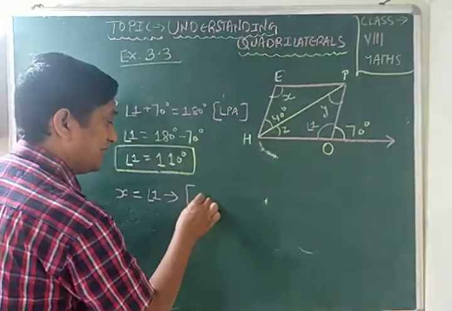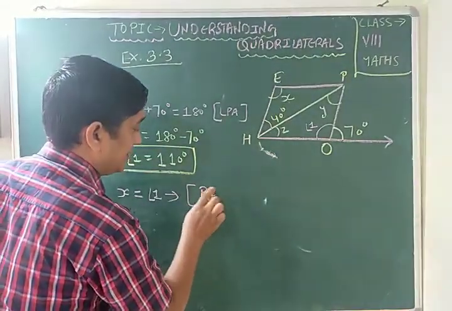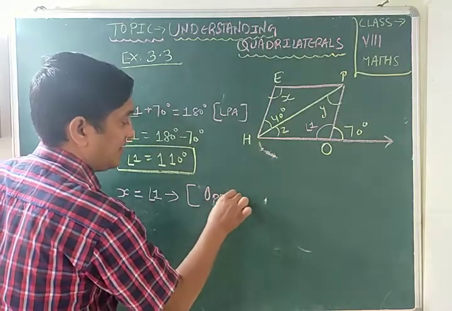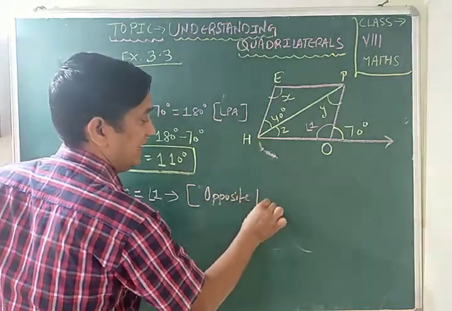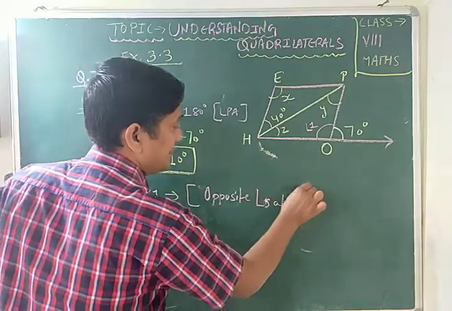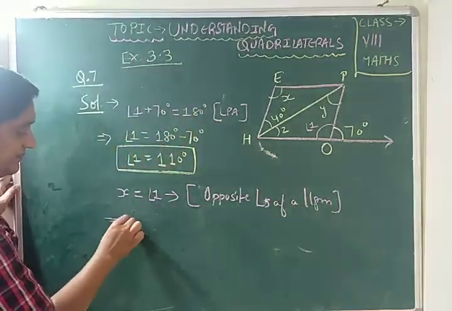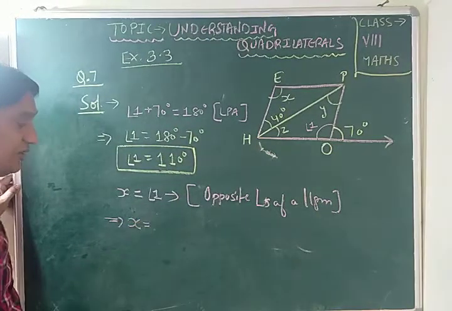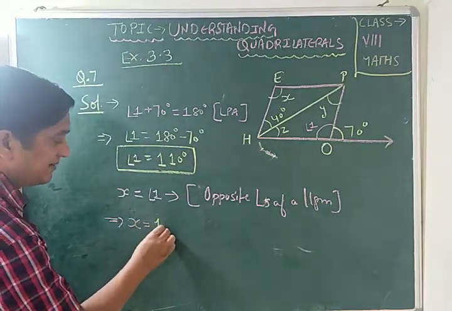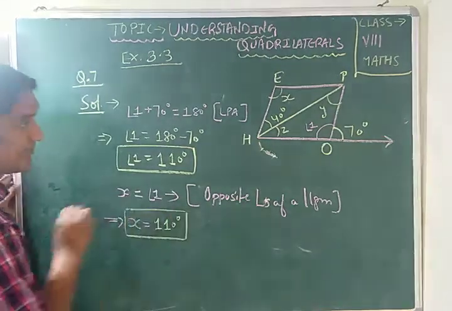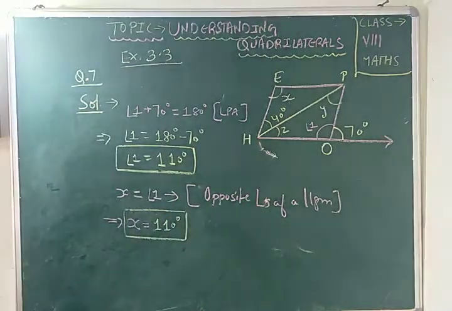So you can write: opposite angles of a parallelogram are equal. So the value of x is 110 degrees.